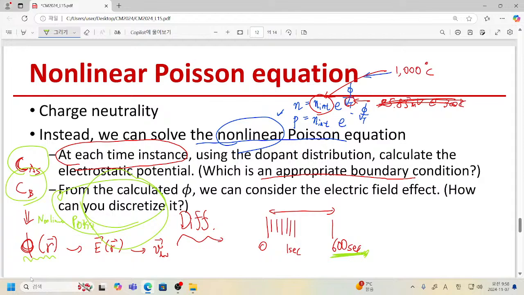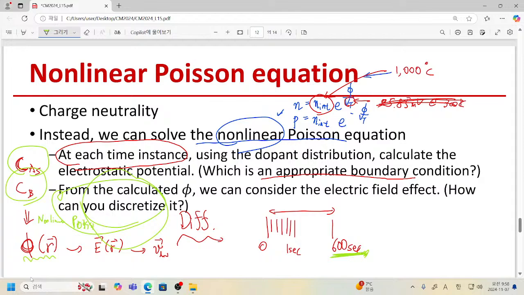Then maybe you can ask me this question: oh, how can we solve just the nonlinear Poisson equation? The nonlinear Poisson equation is always related to the equilibrium state, and we are currently considering a system under change. I'm going to say our dopants are distributed and diffused all over the system, but how can we assume the equilibrium state?